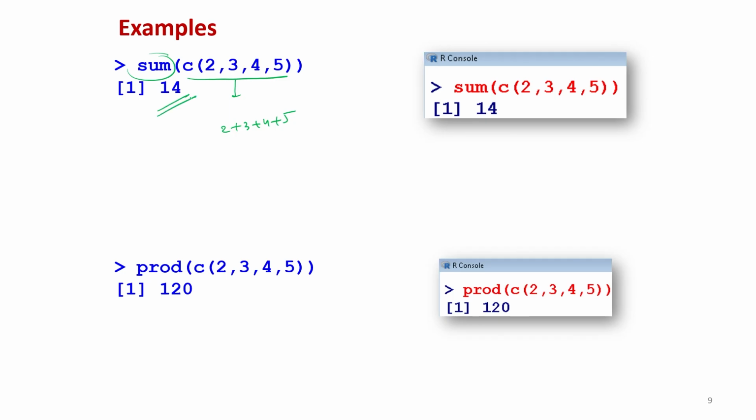Similarly, if you want to find out the product of 2, 3, 4 and 5, I have to give the data vector and I want to find this multiplication 2 into 3 into 4 into 5, and for that I simply have to use the command PROD, which is a short form of product. Right. So, you can see this multiplication comes out to be 120.